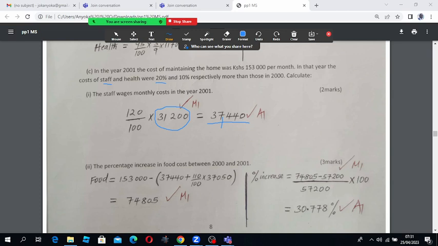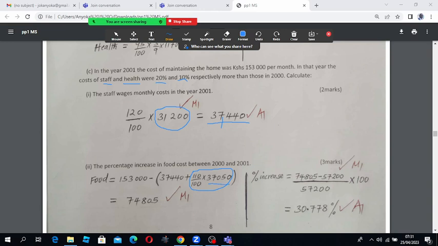Now, the percentage increase in food cost between 2000 and 2001. In 2001, we want the remaining amount, because we know earth increased by 10%. So find the increase for earth. Earth in 2000 was 27,050.